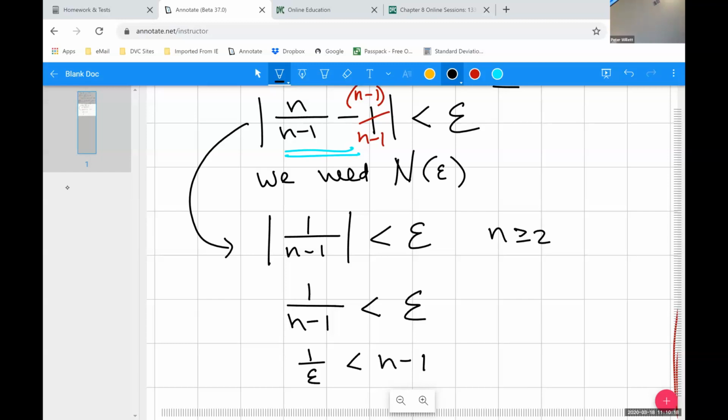Again, I can multiply and divide both of these by epsilon or n minus 1 because I know that they're both positive, so I don't have to reverse the inequality when I do that. And so this tells me that n has got to be larger than 1 over epsilon plus 1.